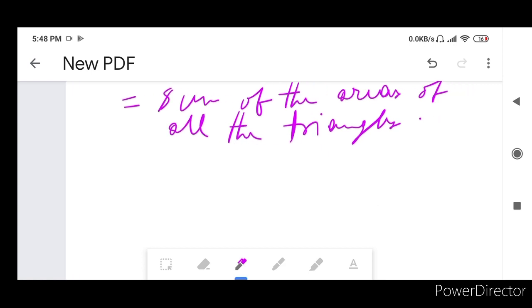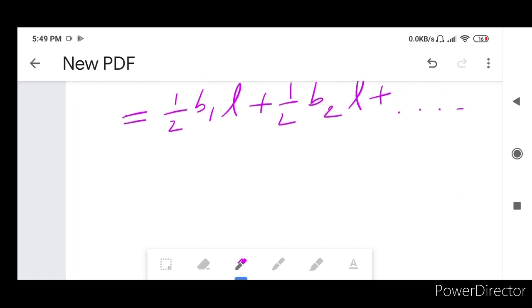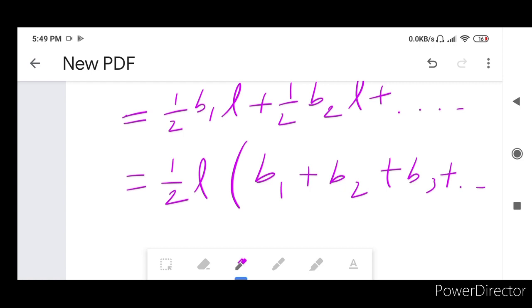What was the area of triangle 1? Half into base into height, plus half into B2 into height, that is L. Likewise, infinite number of them. Now what we can do is take the common half into L, and B1 plus B2 plus B3 plus ... it goes on. Clear?